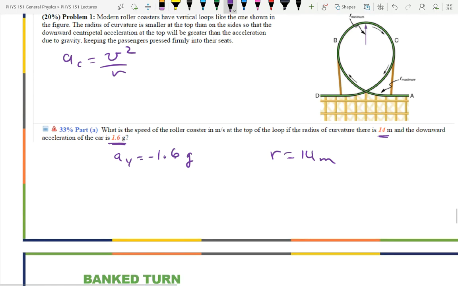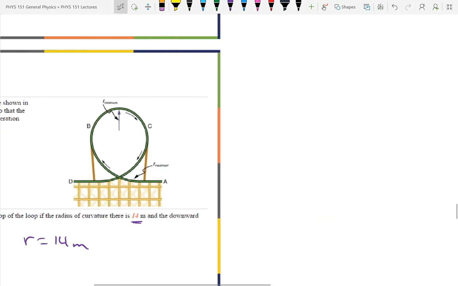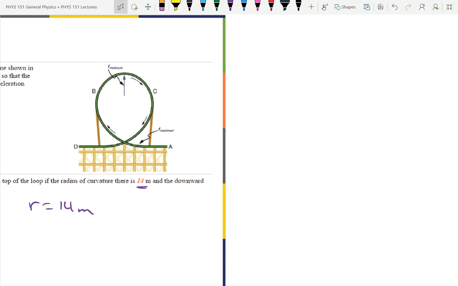So now I'm going to look at somebody in the roller coaster. If you're any kind of sport, you've got your hands up, right? So you're sitting there in the roller coaster. What forces are acting on you at the top of the roller coaster? Gravity, which points down. So I have force of gravity equals mg down.